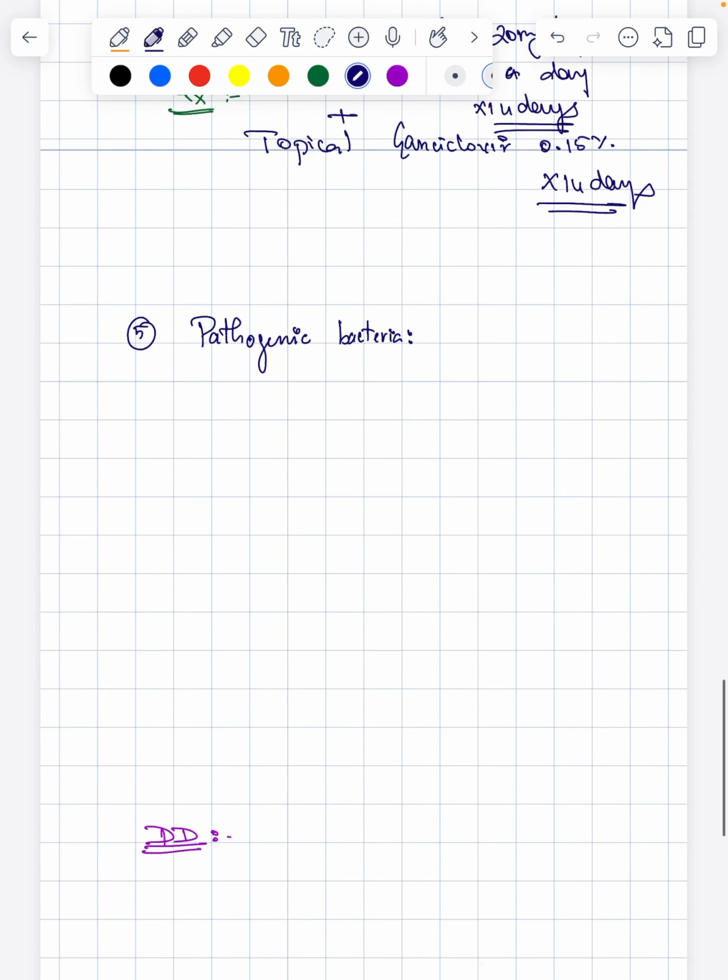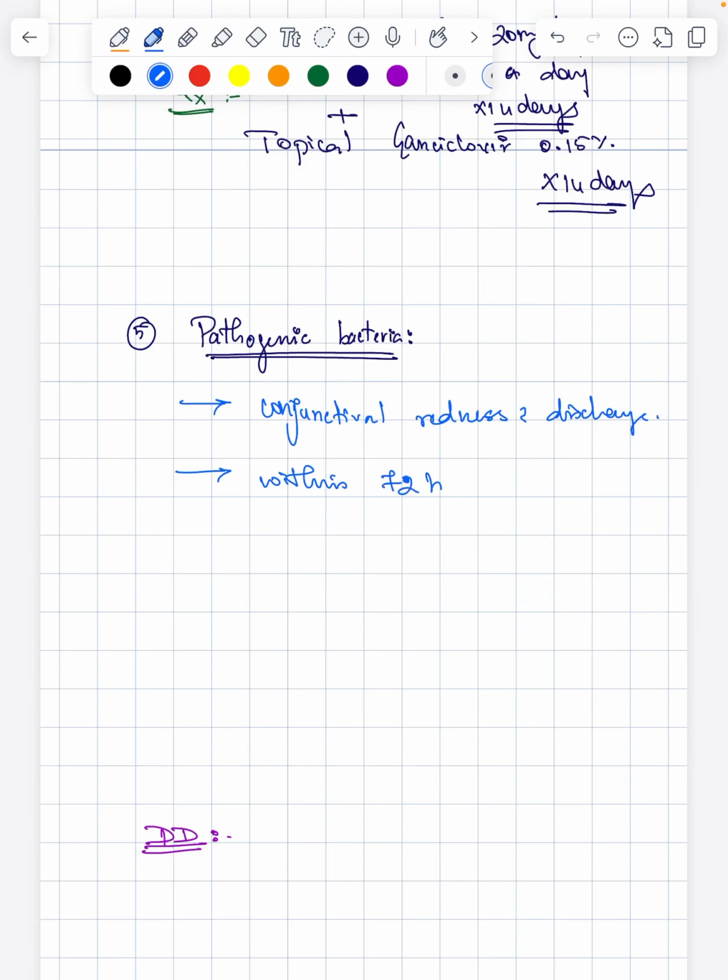Next is your pathogenic bacteria, that is your Staphylococcus, Streptococci, or your Pseudomonas. Pseudomonas is the most virulent organism. Here the child will have conjunctival redness and discharge will be present, and the symptoms will appear within 72 hours of birth.